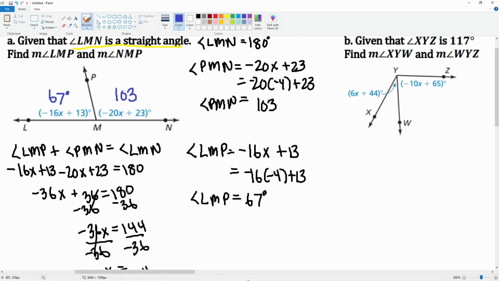Plug it in. Let's see, negative 16 times negative 4 plus 13 is 77. So this is 77. I had to recheck the calculation. This is 77 and this is 103, because together they have to make up this 180 degrees. So that's how I double checked my work. Those two angles have to add up to 180 because it says right here, straight angle.